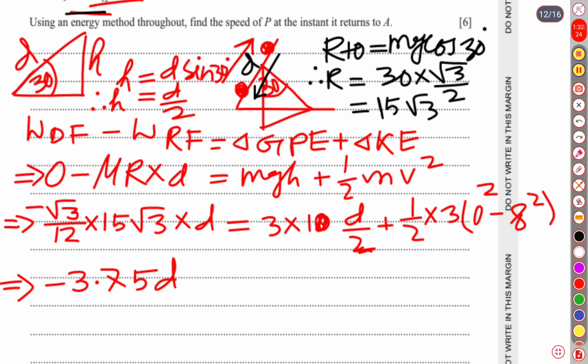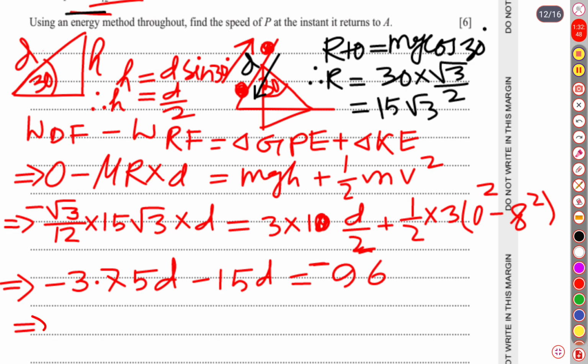If we transpose this to the left side, it is going to be 15d. So minus 3.75d minus 15d is equal to, on the right side, 3 times 64 divided by 2, which is 96, and it must be negative because 8 squared is negative.